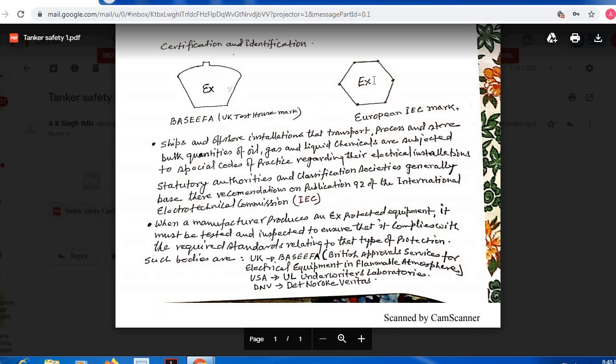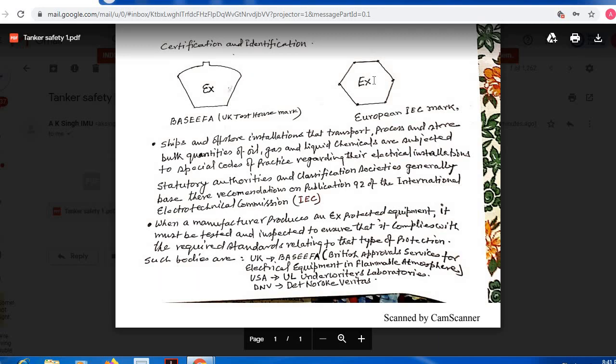So this is about today's lecture. We have talked about the various EX protected equipment that we use on board a tanker, and also about the suitability, which of these can be used in which zones. Then we talked about the classification and identification system.